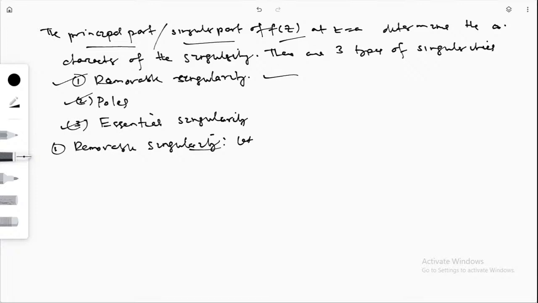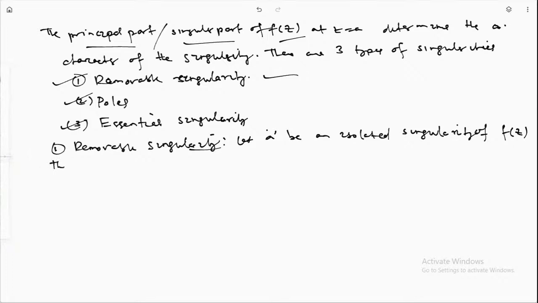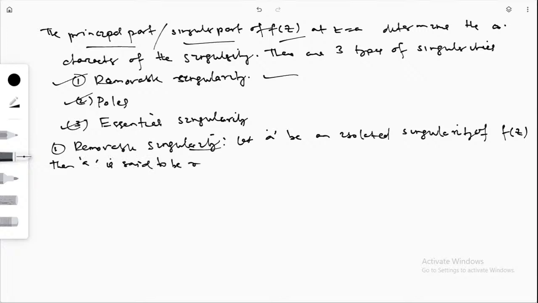Then a is said to be a removable singularity.